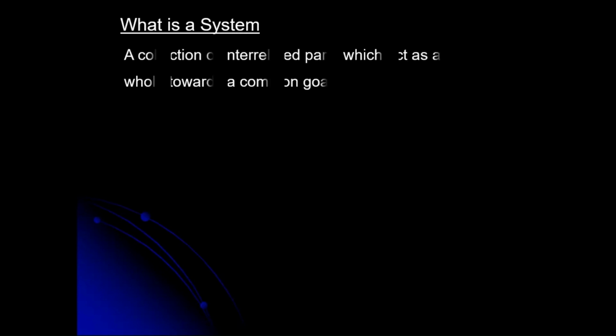Now before moving into understanding an information system, let's see what is meant by the term system. A system is a collection of integrated parts which acts as a whole towards a common goal.